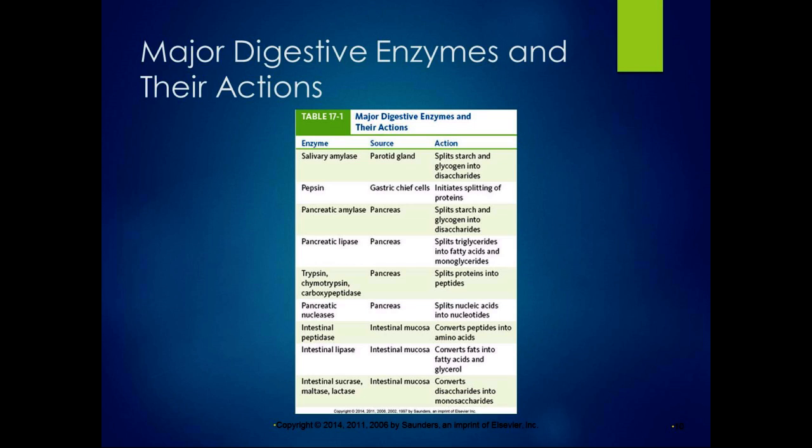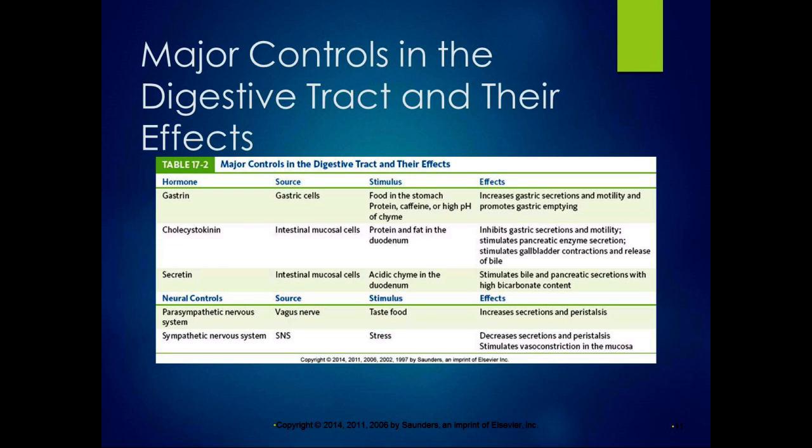So all of those go into breaking down different molecules so we can use them for nutrients. I'm not going to quiz you on this, it's just good to know that. So if you have pancreatic dysfunction or small intestine dysfunction or something like that, it's going to affect your digestion, it's going to affect your nutrition and absorption.